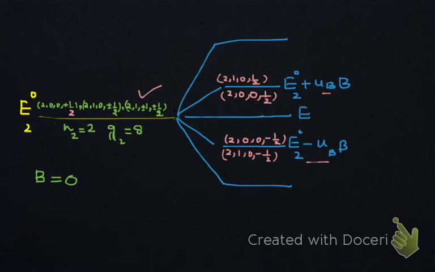This is E2 naught, and the level is 2, 1, 1, minus half, and for the level of 2, 1, 1, plus half we have E2 naught plus 2 mu b into b.